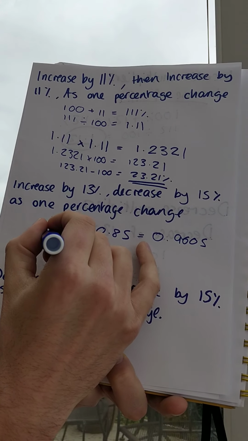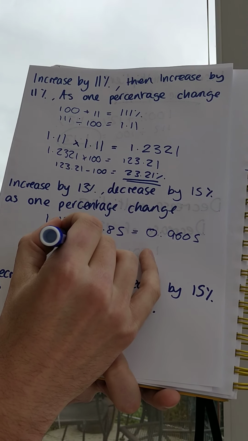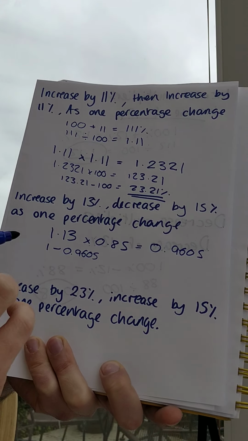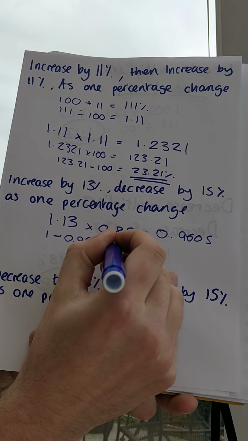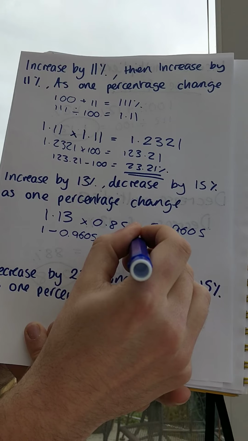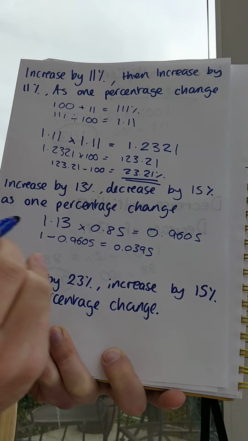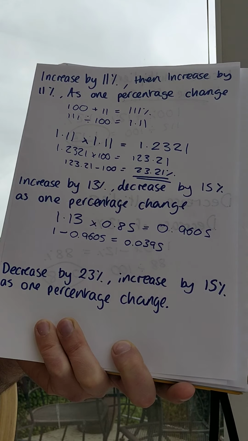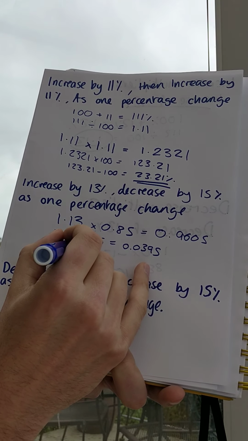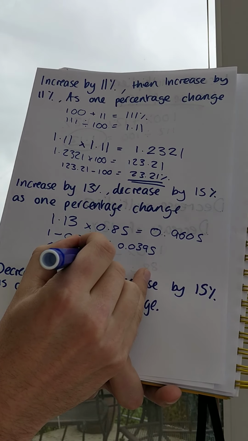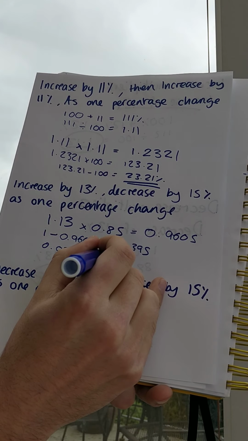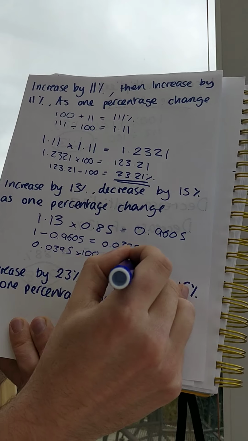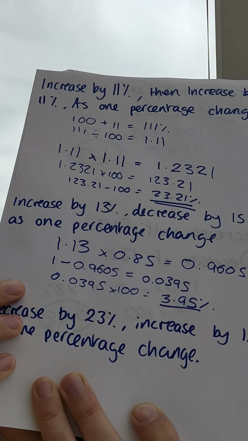I would do 1 take away 0.9605. Because it's a decrease, that's what you need to work out, is equal to 0.0395. Then what you do is you times that by 100. And that is your final percentage.